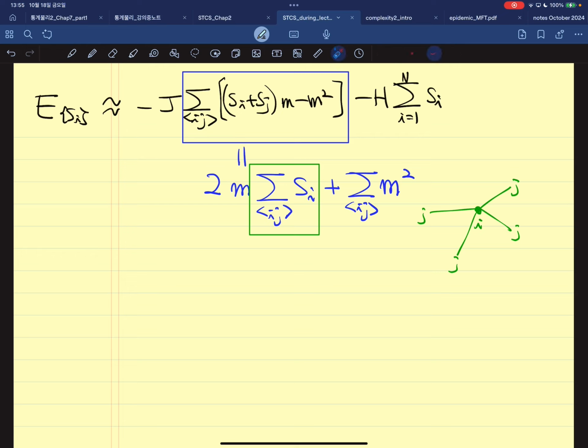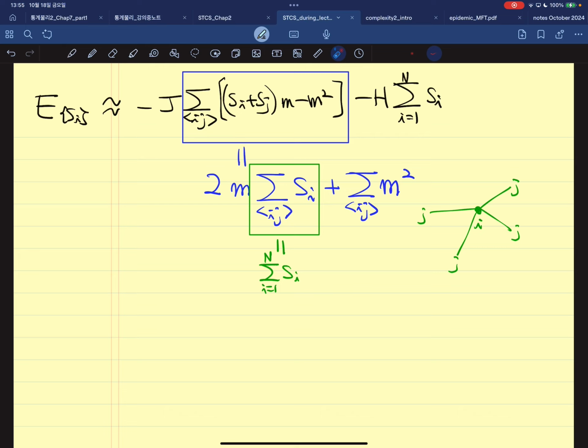And we have to sum over all these possible I as well. So this one will actually be the same as the sum over I, because there's no J term here.